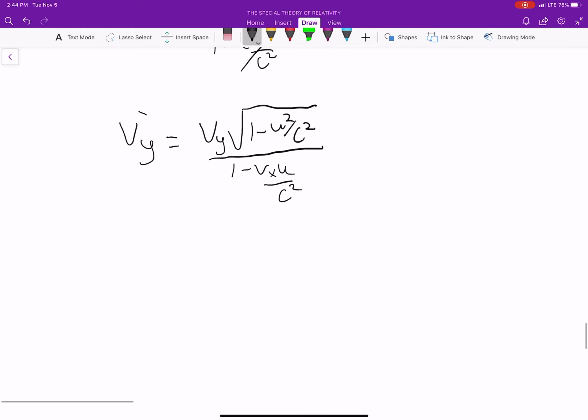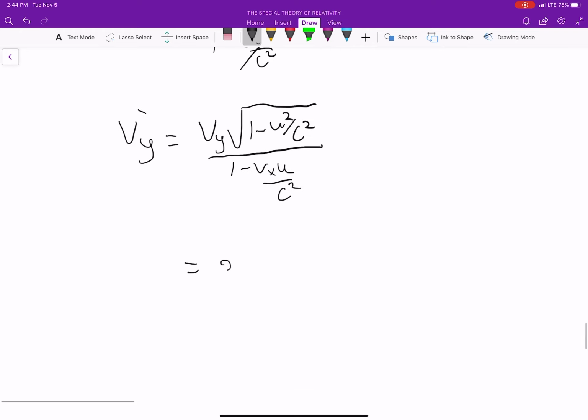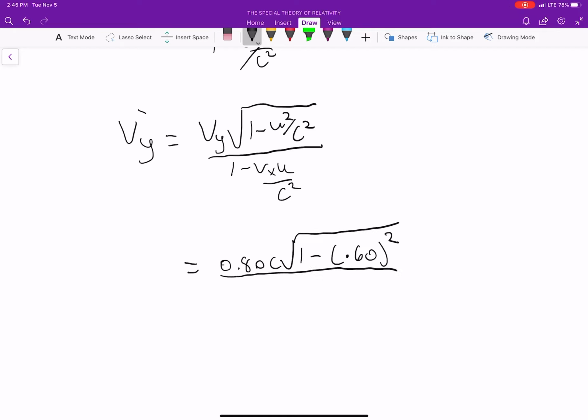And if we plug in our values, what do we get? 0.80c times the square root of 1 minus 0.60 squared, all over 1 minus 0, and that's just 0.